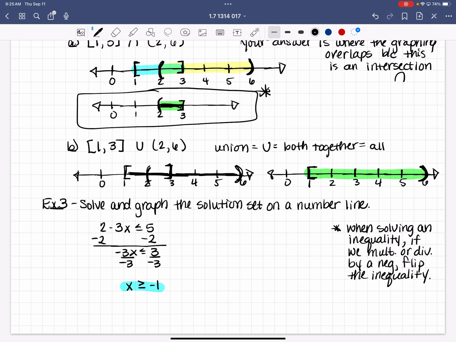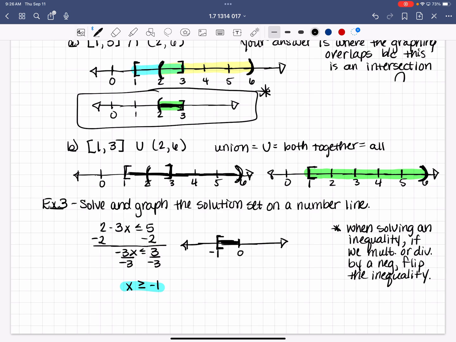Okay? Now we need to graph it. So I'm going to draw my number line. And I've got x is greater than or equal to negative 1. So I'm going to put 0 right here. I'm going to make this negative 1. Okay? Parentheses or bracket? Bracket, because it's closed. And am I going to shade to the left or to the right? Right.